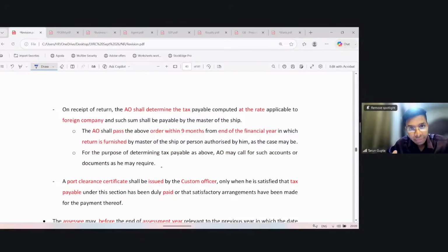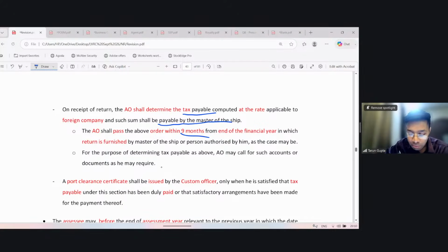On receipt of return, once the return is filed by the master or any other person authorized by him, the AO shall determine the tax payable computed at the rate applicable to the foreign company, and such sum shall be payable by the master of the ship. The AO shall pass the above order within 9 months from the end of the financial year in which return is furnished by the master of the ship or person authorized by him, as the case may be.